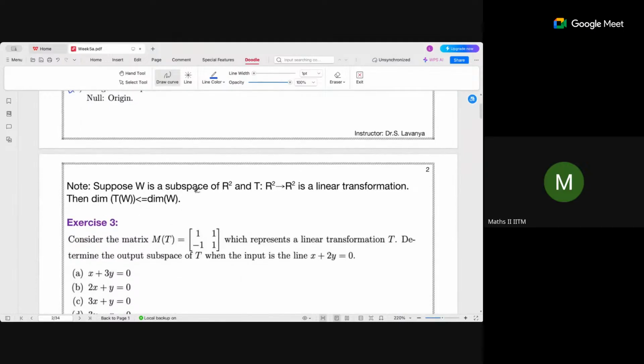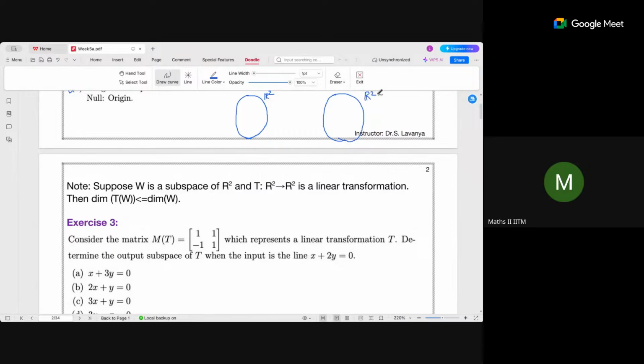Suppose W is a subspace of R2 and T from R2 to R2 is a linear transformation, then the dimension of T of W is always less than or equal to the dimension of W. It cannot exceed the dimension of W. Suppose this is your V, let us say V is R2, and this is the domain and codomain.